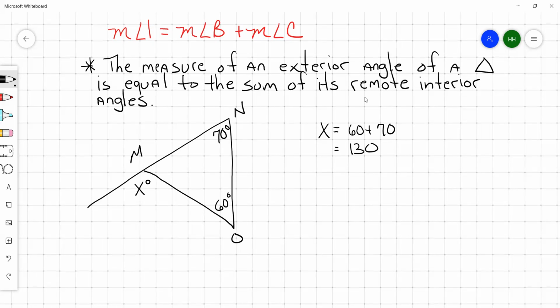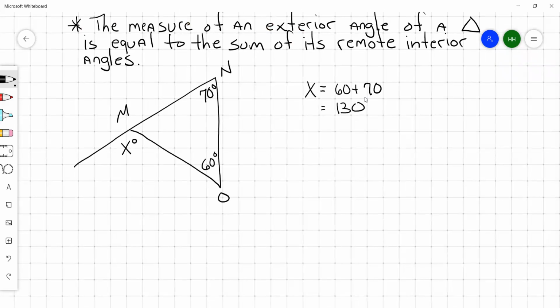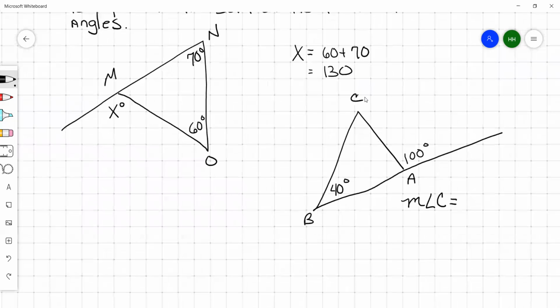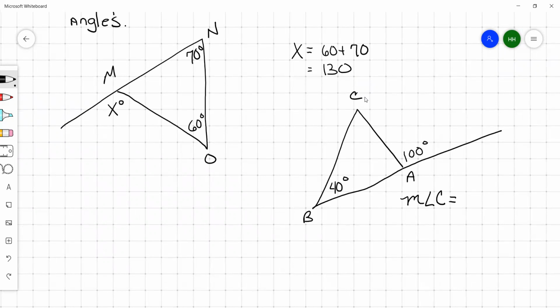The other way you'll see that is, let's say you've got this picture, and now you're given this exterior angle and you're given angle B, and you're asked to find the measure of angle C. Well, the measure of angle C plus 40 degrees is equal to the 100, or the 100 is equal to angle C plus 40.